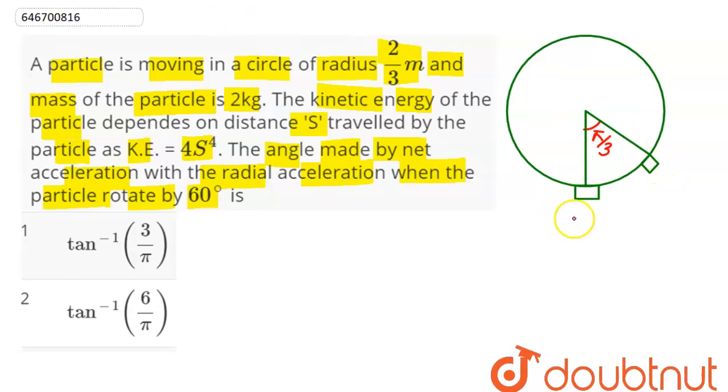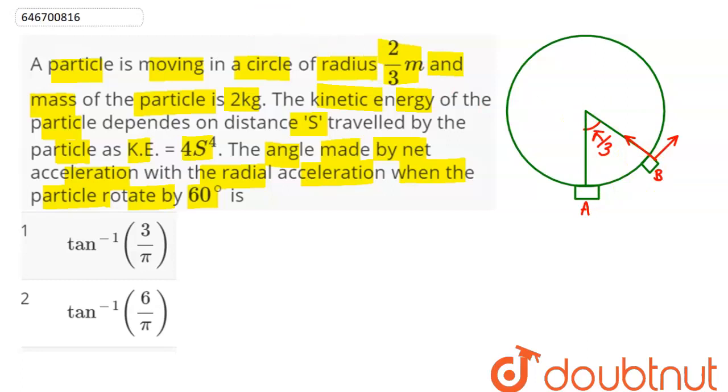Now from position A to position B, the velocity will be along the tangential direction, and the acceleration will be towards the centripetal direction.